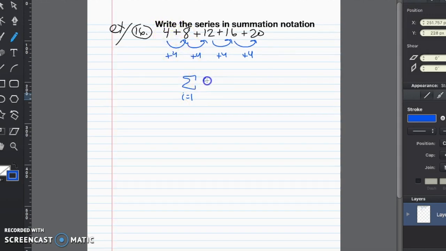Well, I multiply 4 times i. Let's try it out. So 4 times my first one gives me 4. That works. 4 times my second position, 4 times 2 is going to give me 8. That works out. 4 times my third position gives me 12, etc. Right? So we might have to add something to this to get it to work, and that does happen. It's not a problem here.